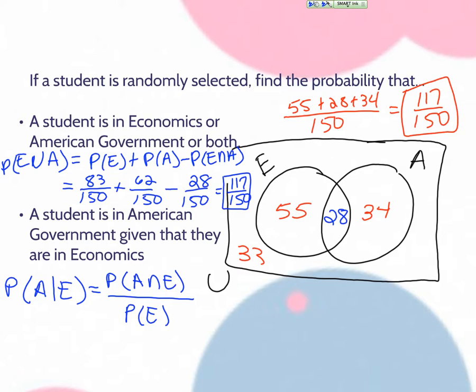So that intersection, remember, is 28, so that would be 28 over 150. And then the probability that they're in econ, well, the total number of students in econ was 83 over 150.